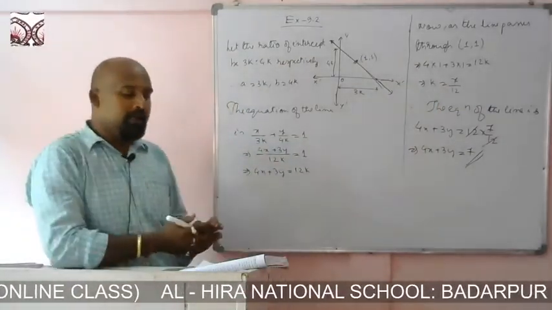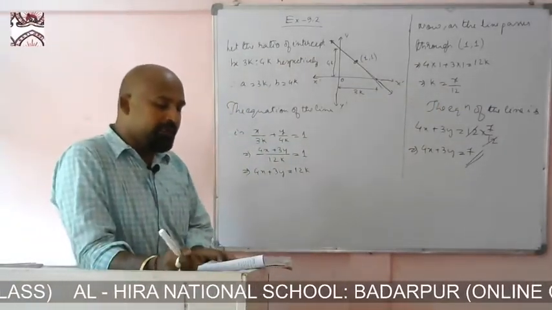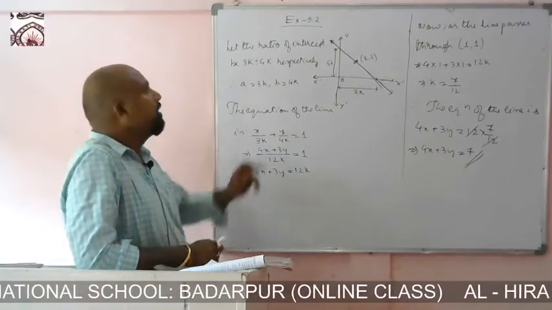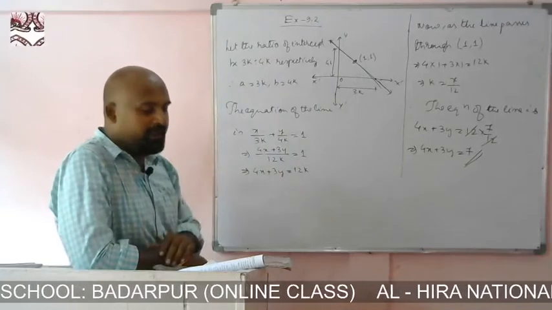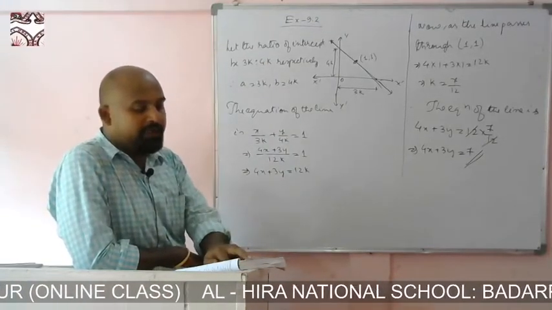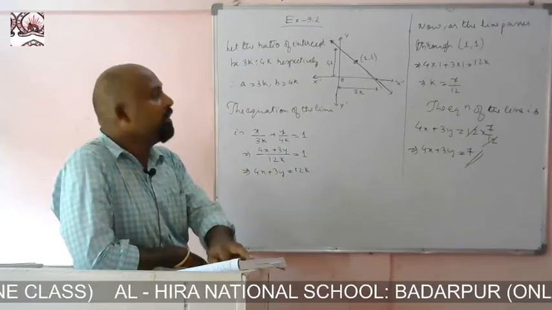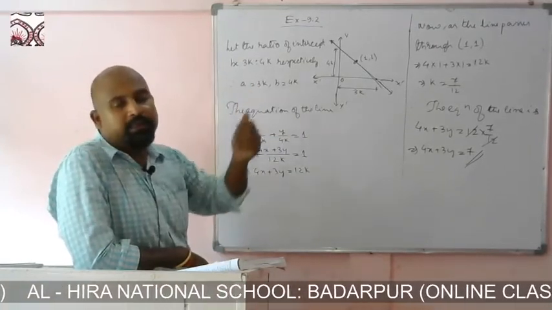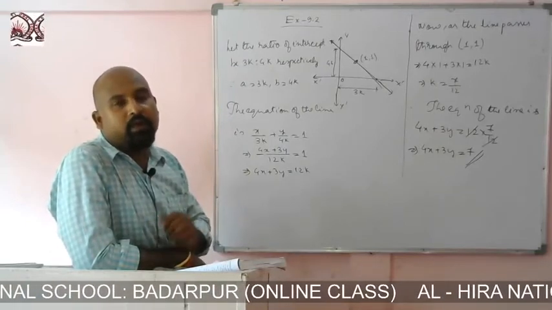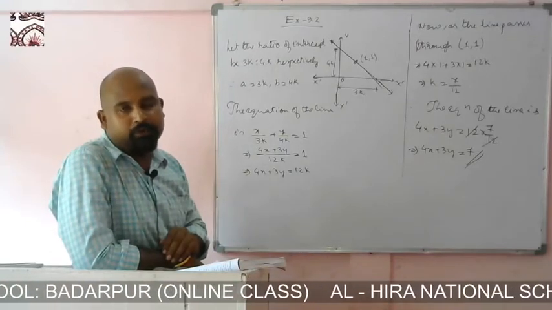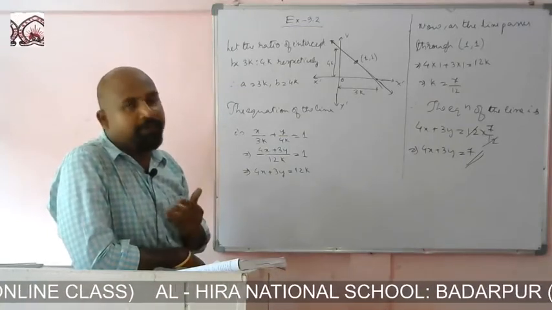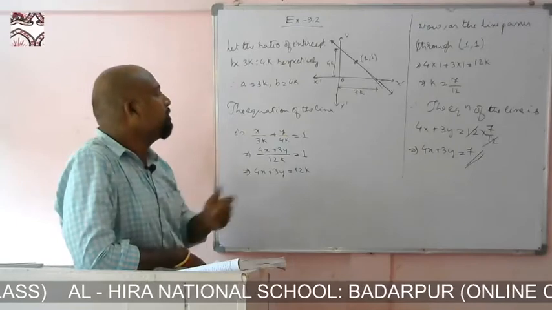Now, in the second part, what is the equation of the line if the above ratio is 1:1? You can solve this part yourself. Here the ratio is given as 1:1 instead of 3:4. So here take k as the ratio, and the x-intercept a equal to k and b equal to k.